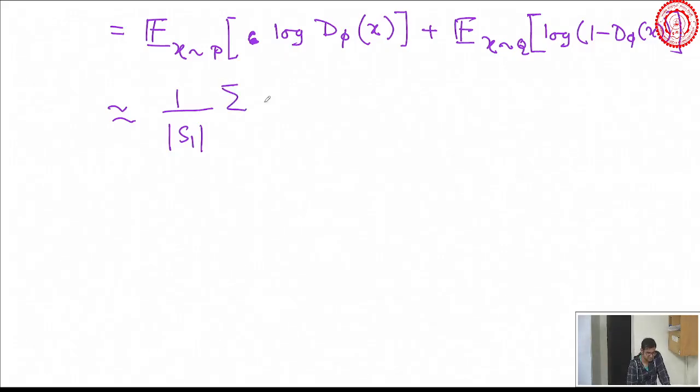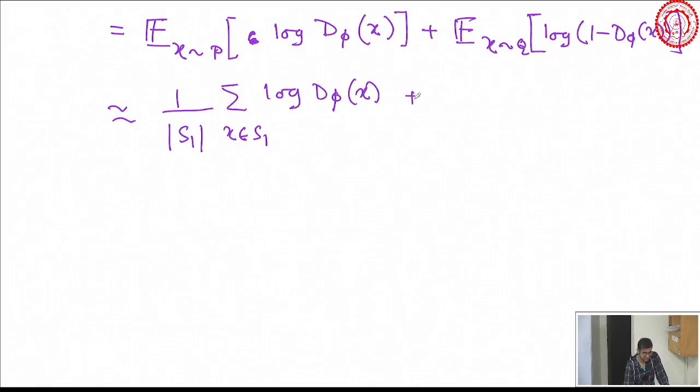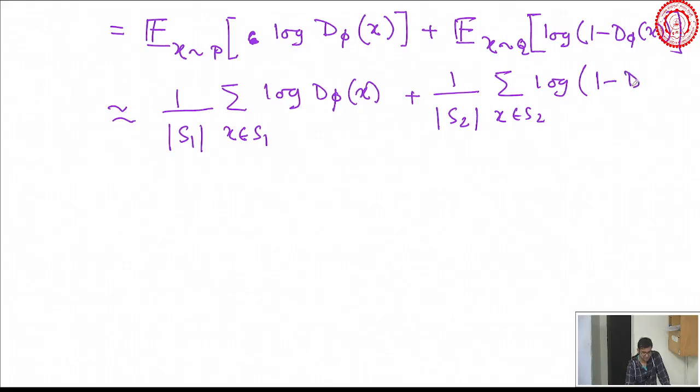Summation x belongs to S1 log of d phi x plus 1 by S2 summation x belongs to S2 log of 1 minus d phi x. That's all that it means. Okay, and then if I take a negative sign of that, that's the binary cross entropy. So this one is the likelihood. I should maximize it.